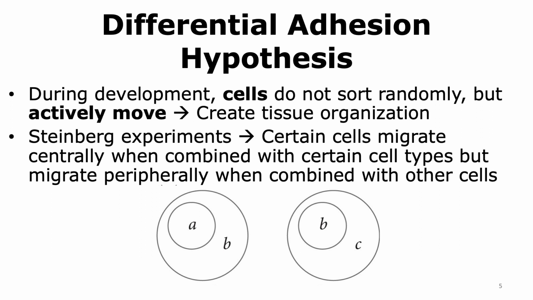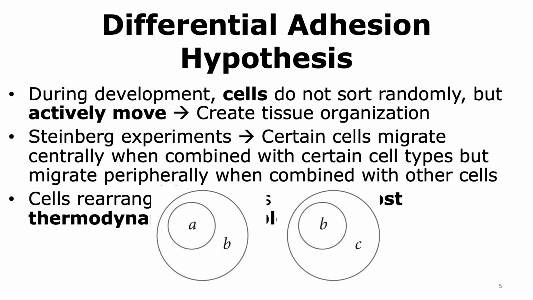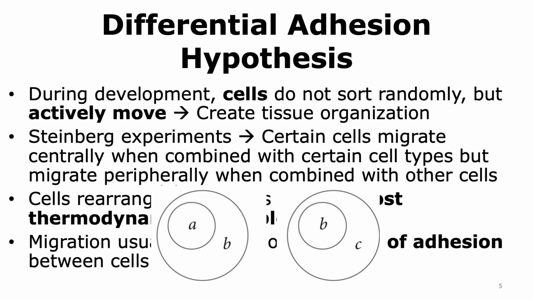The embryologist Steinberg performed experiments that showed that certain cells migrate centrally when combined with certain cell types, but migrate peripherally when combined with other cell types. Cells rearrange themselves into the most thermodynamically stable pattern, and hence this migration usually depends on the strength of adhesion between the cells.